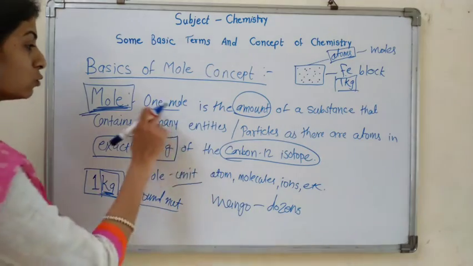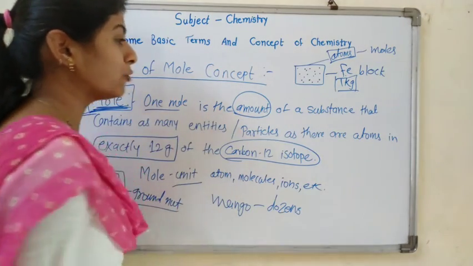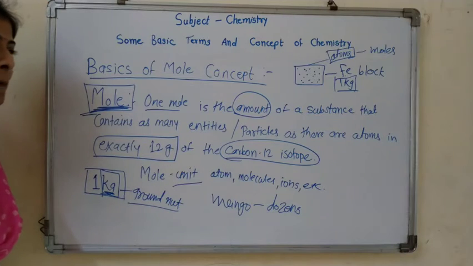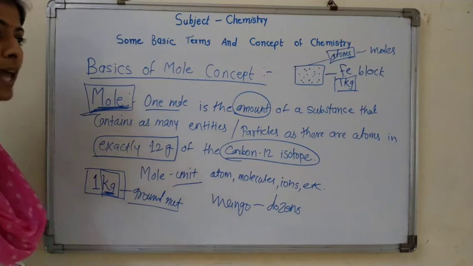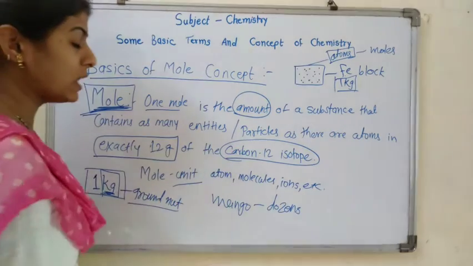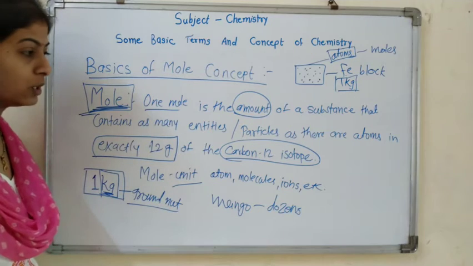It means that 1 mole is the amount of a substance that contains as many entities or particles as there are atoms present in exactly 12 gram of C12 isotope. Okay.